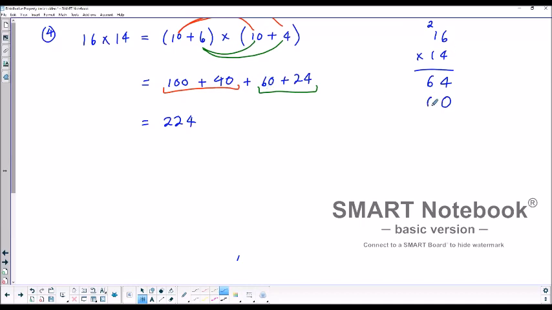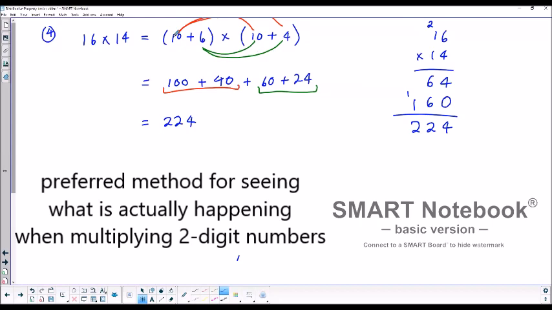Then when we multiply 1 times 1, we get 1 right there, but that 1 times 1 is actually 10 times 10, and this 10 times 10 is what gives us that 100. Then when we add all the columns together, we get 4, we get 12, and then we get 2 here, so we get the answer of 224.